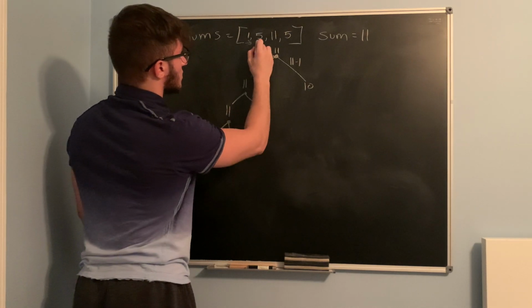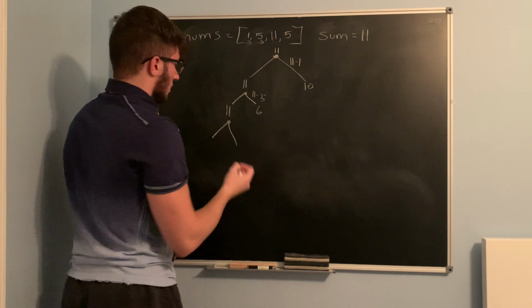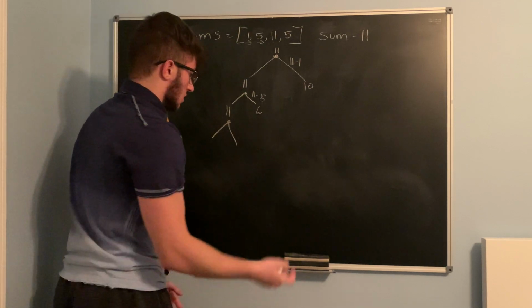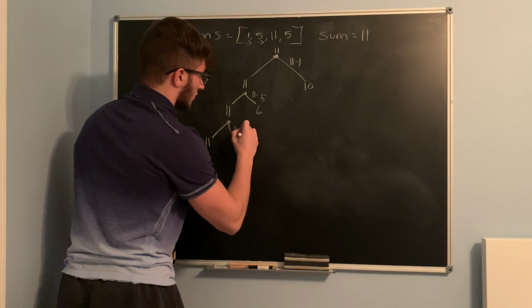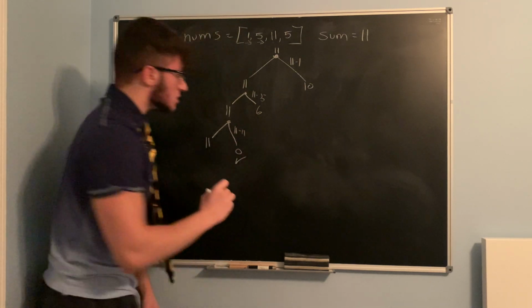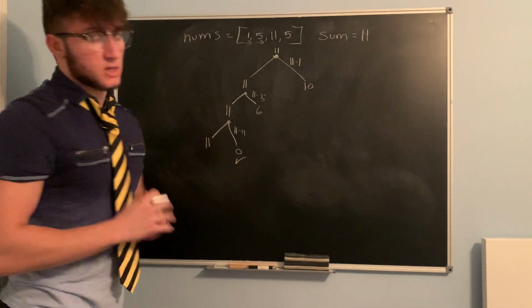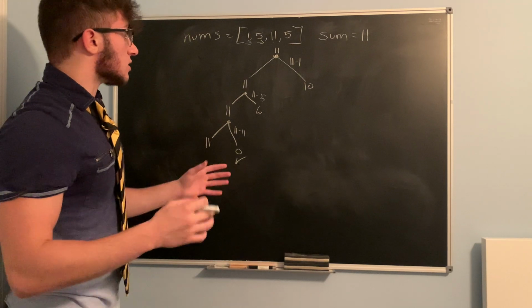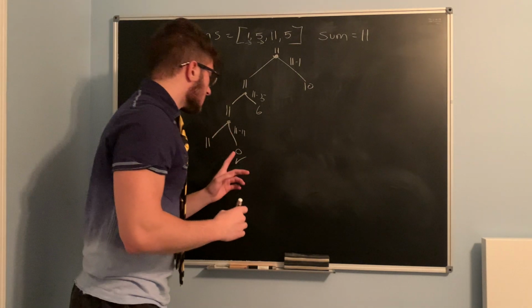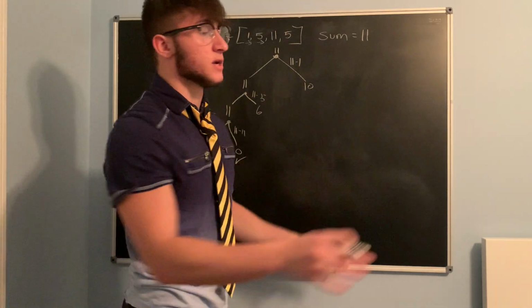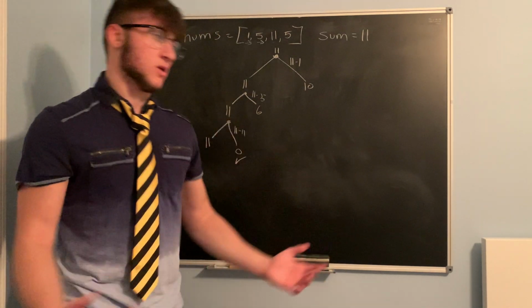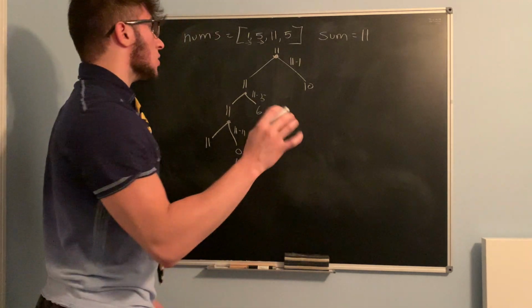We just did that one, so we're moving on. 11. Do we use 11 or do we not use 11? Well, if we don't use 11, we're still 11. If we do use 11, we do 11 minus 11, which equals 0, which means we hit a base case, right? We hit 0, that's what we want. And since we hit 0, we can return out of this entire recursive function right off the bat, because we know it's possible.